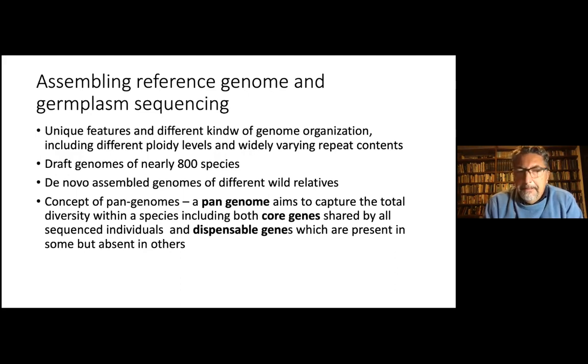Even though they are not essential, they can be very important for agriculture. For example, one of the hypotheses now is that this set of dispensable genes is the reason why we have heterosis when we combine different genotypes. There are very good combining abilities.